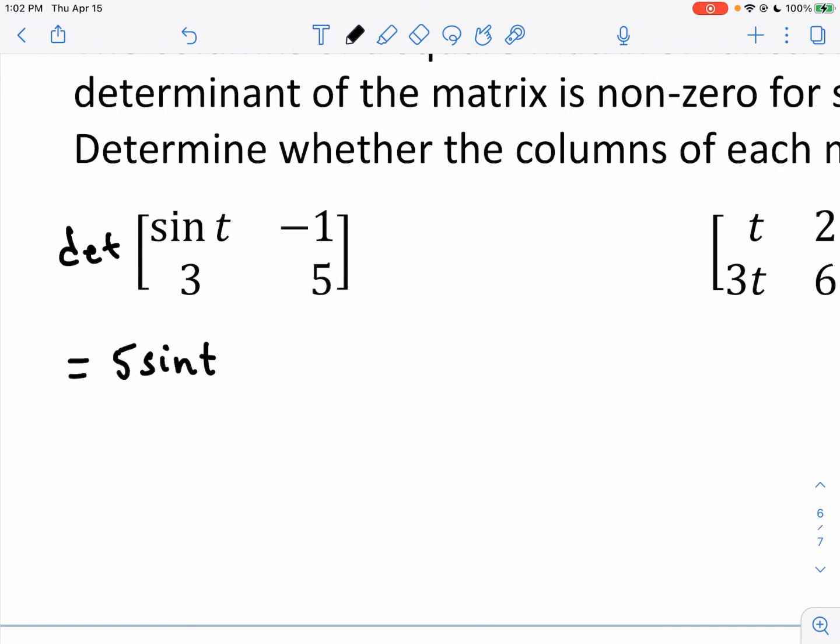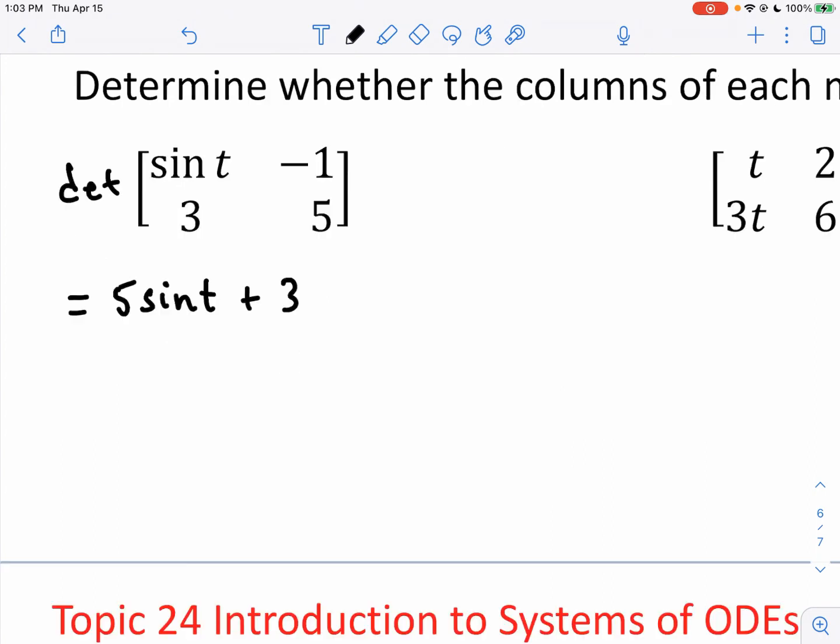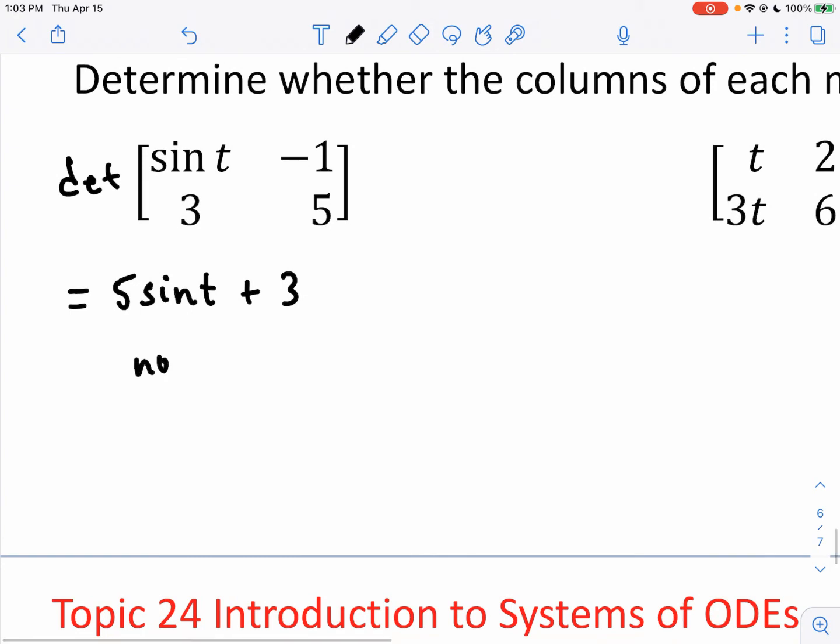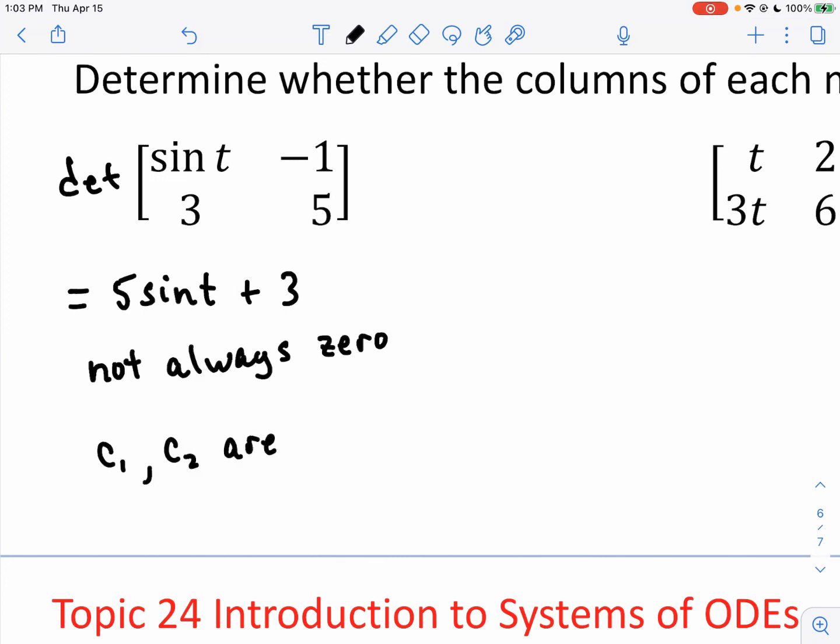And then we do minus negative 3, so plus 3. So this is not always 0. In other words, there are t's for which this is non-zero. So there exists, at various values of t, a non-zero determinant. So we'll just say this is not always 0. So column 1 and column 2 are linearly independent.